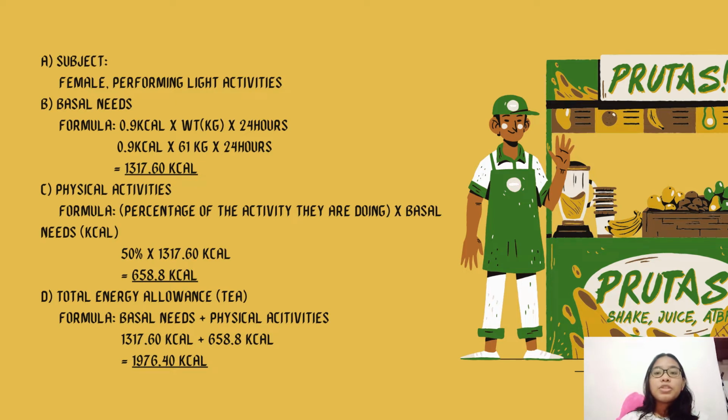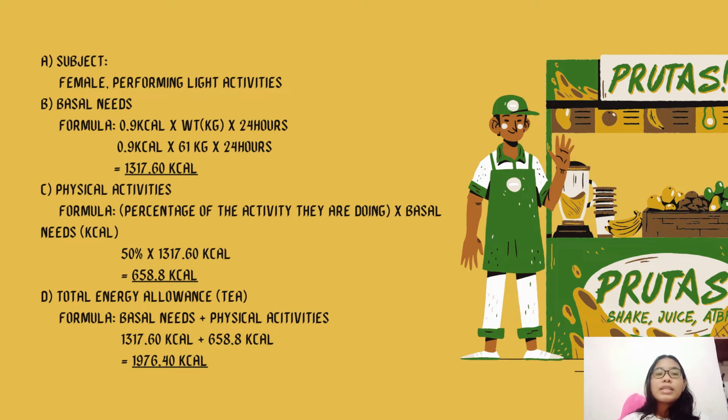For the procedure, we first identified who the subject is. The subject is female and is performing light activities. Letter B is basal needs, which has a formula of 0.9 kilocalories times weight in kilograms times 24 hours. It is equal to 0.9 kilocalories times 61 kilograms times 24 hours, which is 1,317.60 kilocalories.